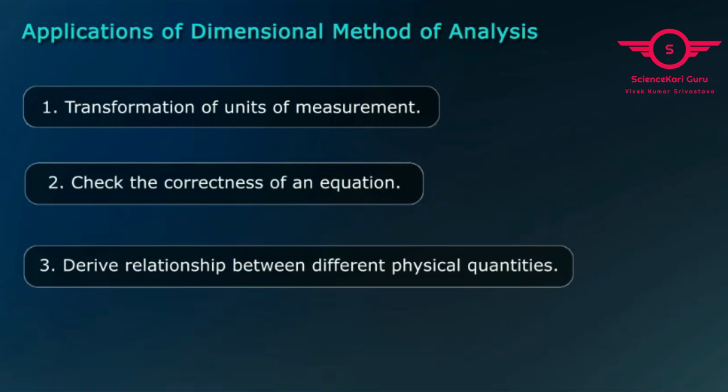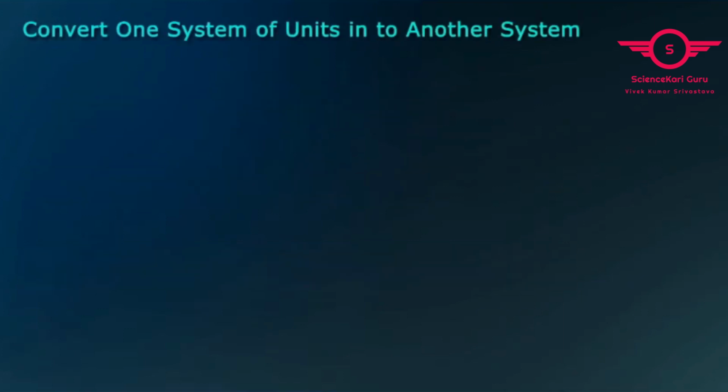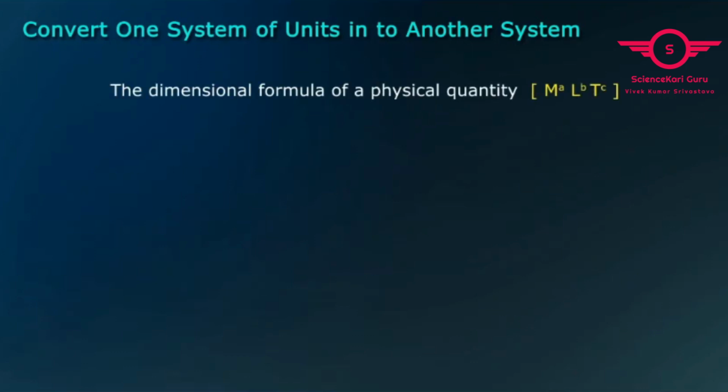between different physical quantities. Convert one system of units into another system. Let the dimensional formula of physical quantity be M power a, L power b, T power c. Let n1 be its numerical value in one system in which unit of fundamental quantities are M1, L1 and T1.